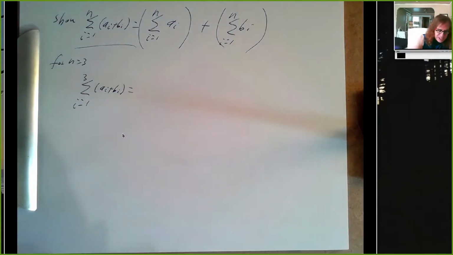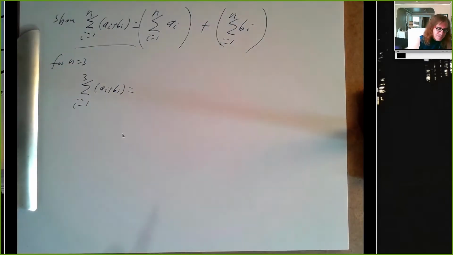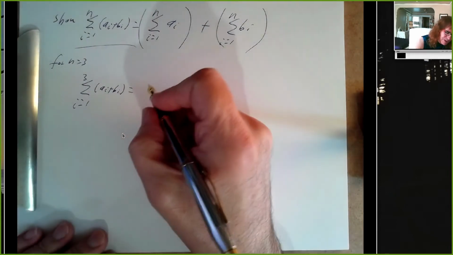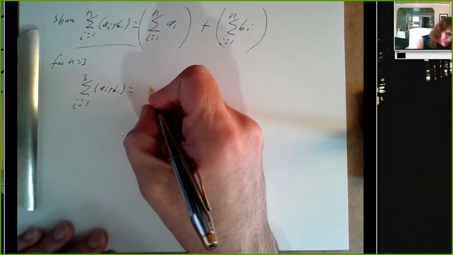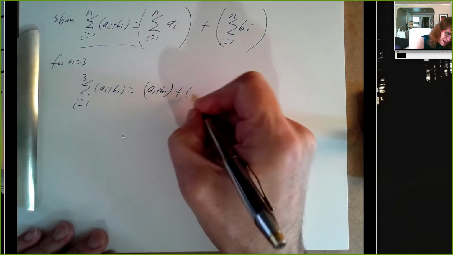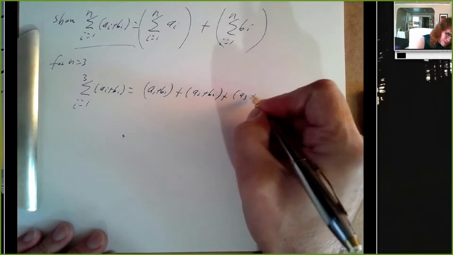So anytime you're trying to show something like this, try to simplify. Occasionally you find a solution by making things more complex, but generally the trick is going to be to try to simplify. So let's start off with this expression, and let's just write out what this summation means. It means basically take a1 plus b1, and then add a2 plus b2, and then add a3 plus b3.